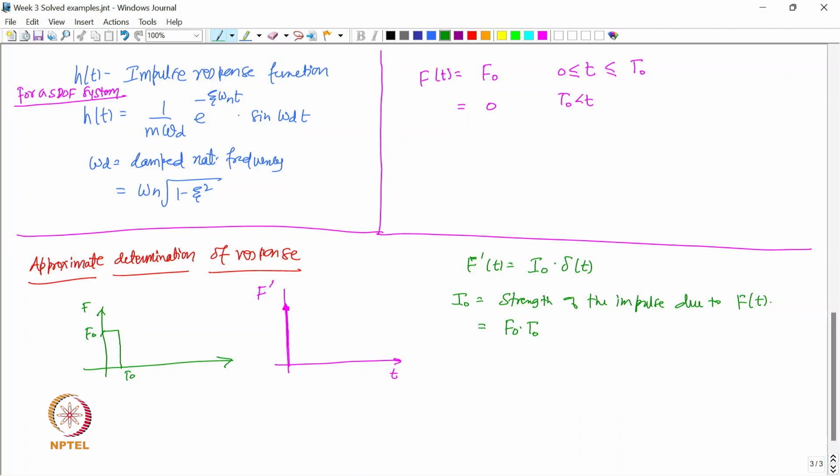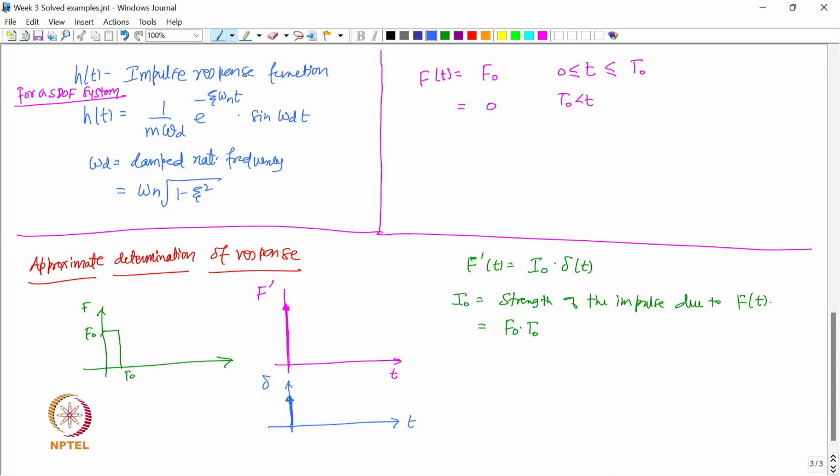So, therefore, this is I naught, and remember what is delta t? Delta t is an ideal impulse, right, which we have studied in the lecture classes. So, maybe for the benefit of all, let me also draw here what is delta of t. This is delta of t, correct.